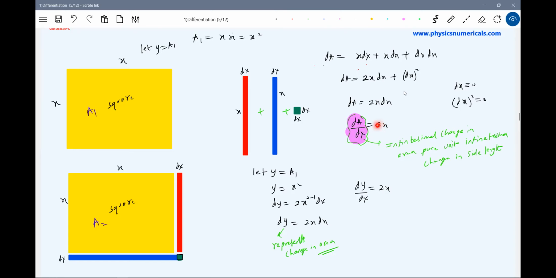The area depends upon the side length, and due to increase in temperature the side length will change. The infinitesimal change in area per unit infinitesimal change in length depends upon 2 times its side length.